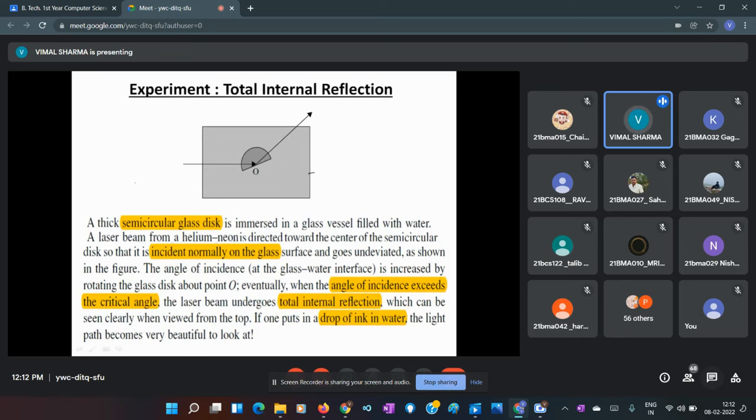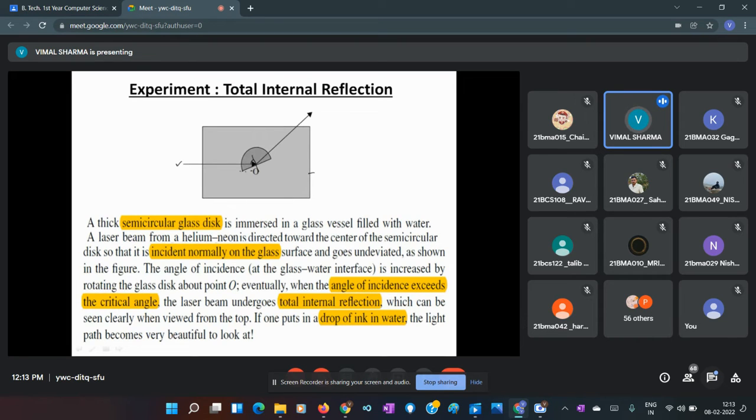Then we make light incident on this. We can vary the inclination of this, or we can rotate this. It is freely movable, so we can move this semicircular glass so that we can vary the angle. This is the interface between glass and water, and at this interface where light is incident, the ray makes some angle with the normal.